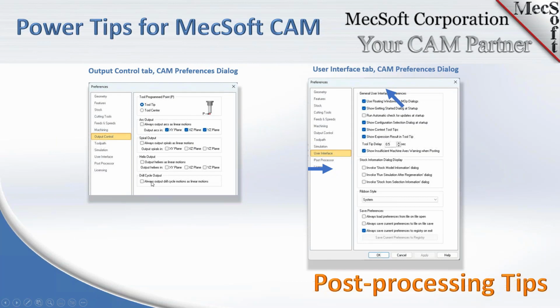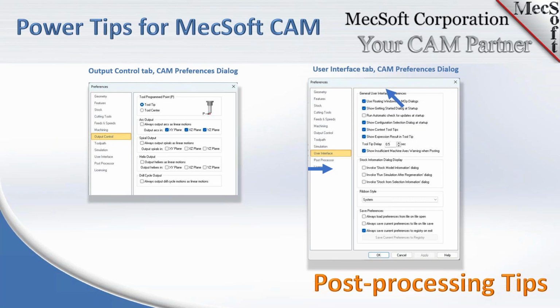Also, output control. We talked about arc fitting, and you can use this to turn your arc fitting on or off. If your CNC machine doesn't support arcs, you can turn the arc fitting off and output linear motions. You can also output spirals as linear motions. You can output your drill cycles as linear motions if your CNC machine does not support what are called canned cycles. Canned means there are predefined drilling operations in your controller, so we can call those when we G-code a drilling operation.